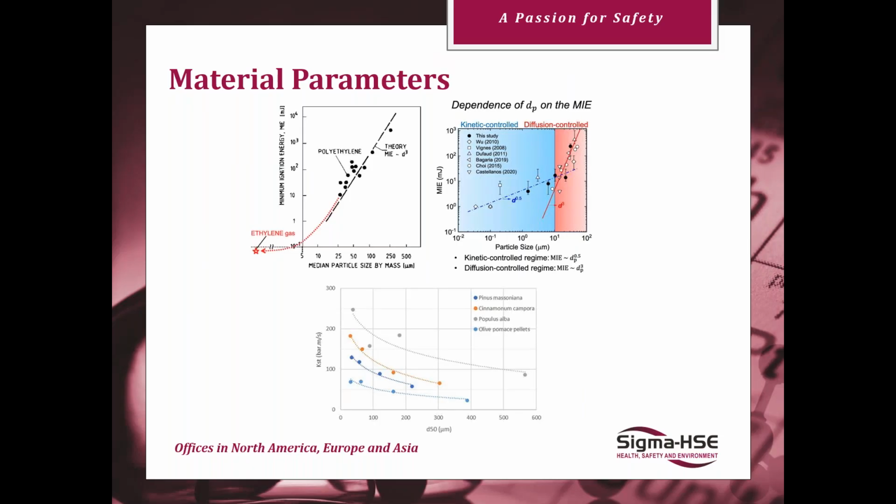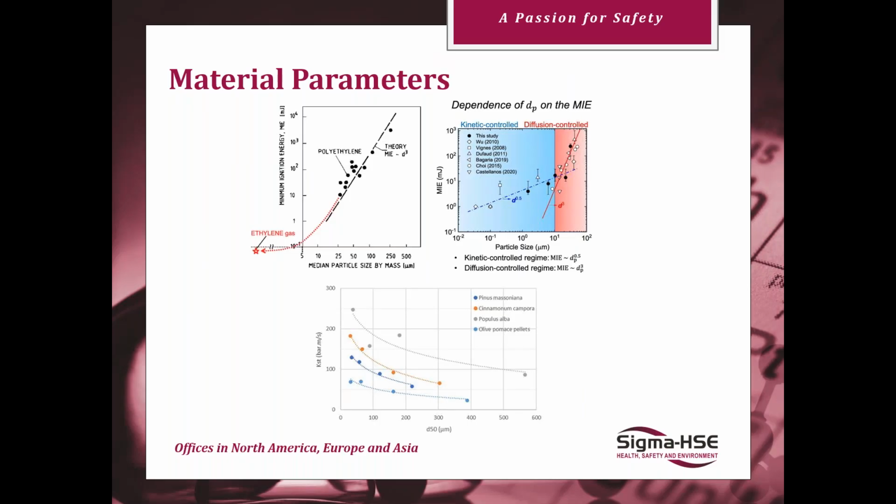We can see that for these examples, and this is typical of materials, as the particle size reduces, the minimum ignition energy required to ignite that material as a dust cloud also reduces. It's quite a steep downward trend. It does tend to have a break point at some point. With the more common occurrence of nanoparticles now, that trend seems to break and slow down when we're getting to a really small scale.